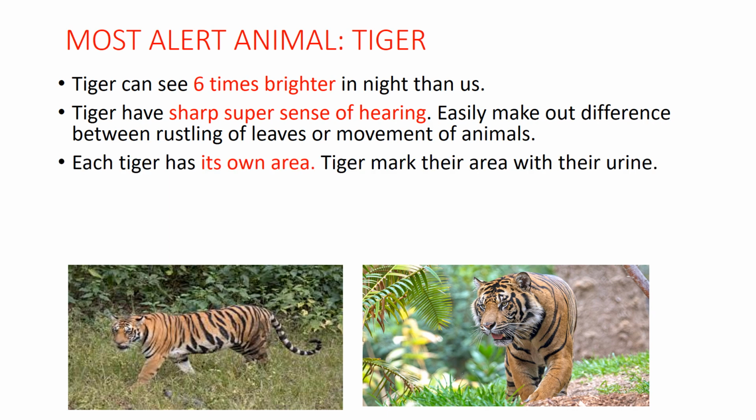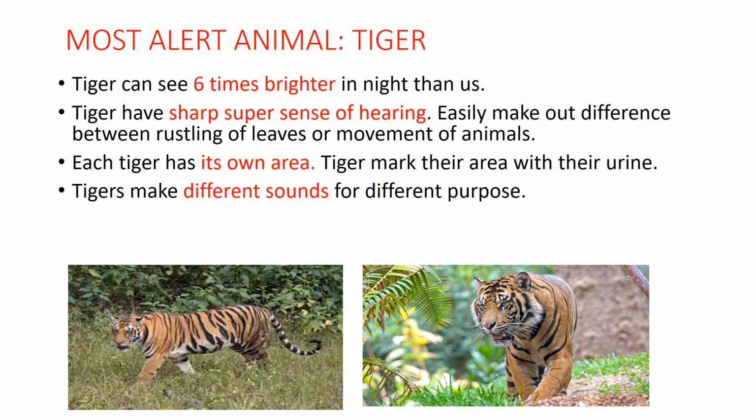Each tiger has its own area. Tiger marks its area with its urine and they can easily identify if some other tiger or other animal has tried to enter their area by the smell of the urine. Tiger makes different sounds for different purposes.